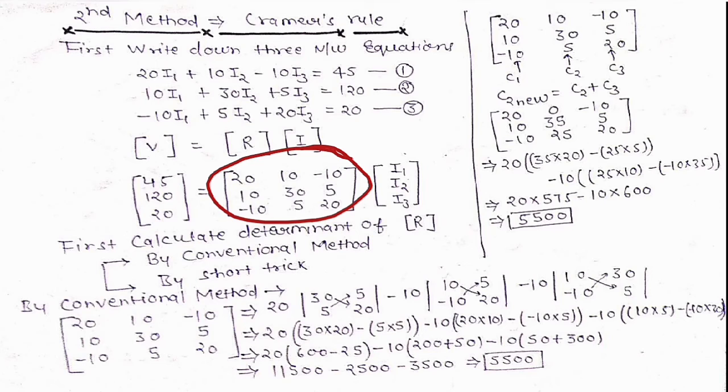So by the conventional method you see 20, 10, minus 10; 10, 35 and minus 10; 5, 20. When you go for the 20, you write it down here and draw your line like this.